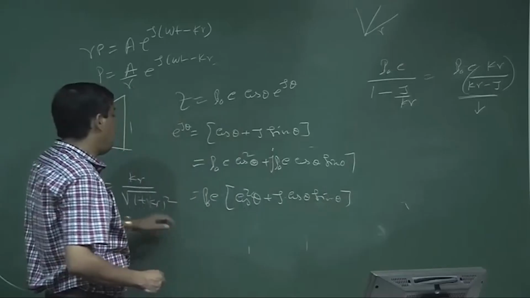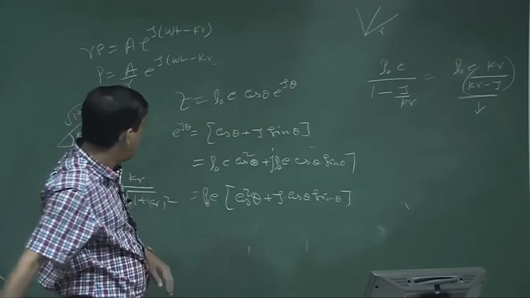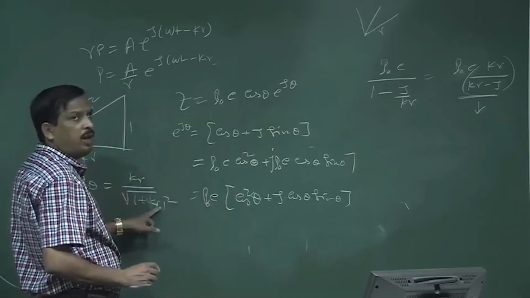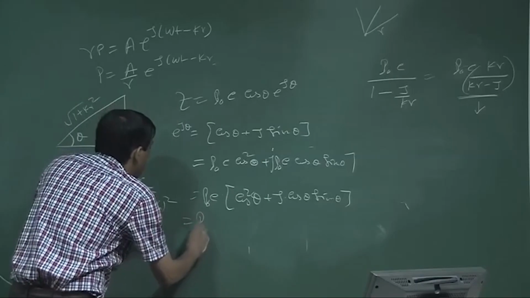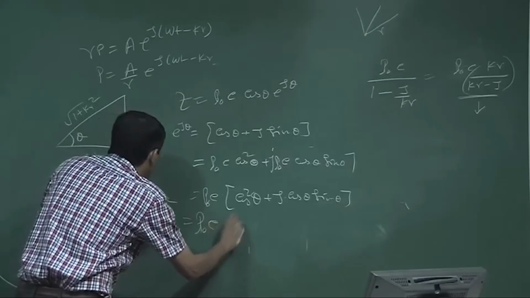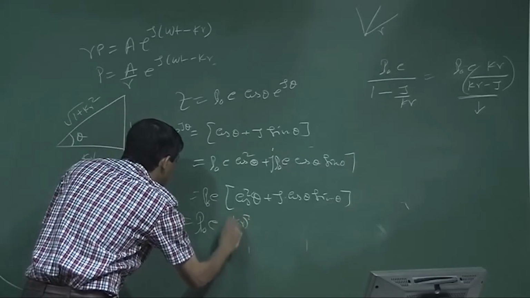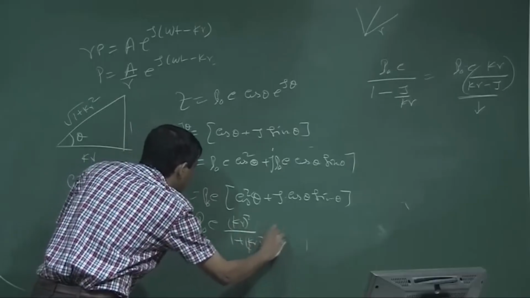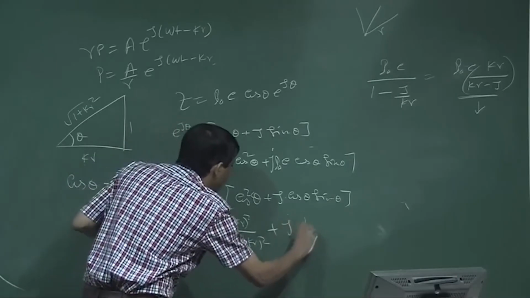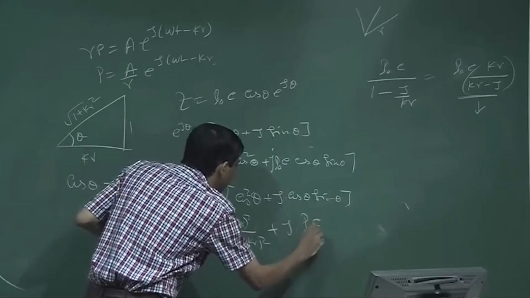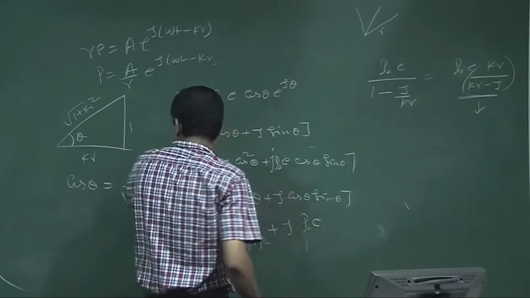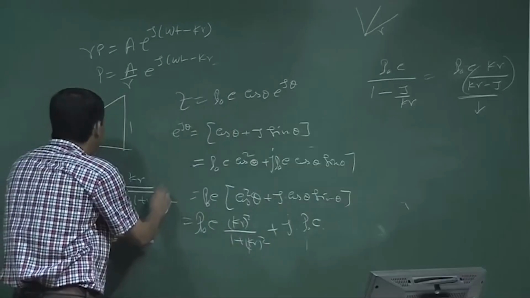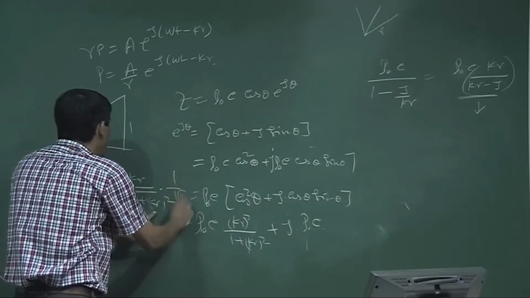Okay. So what is the value of cos theta and sin theta? I said cos theta is nothing but kr by root over of 1 plus kr square. So I can write rho 0 c kr square divided by 1 plus kr square, plus j rho 0 c into cos theta, kr by 1 plus kr square, and sin theta is 1 by root over of 1 plus kr square.